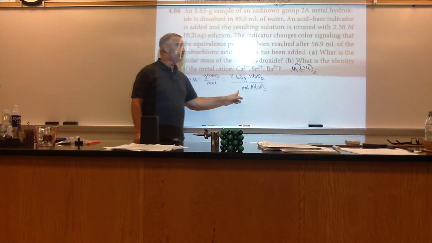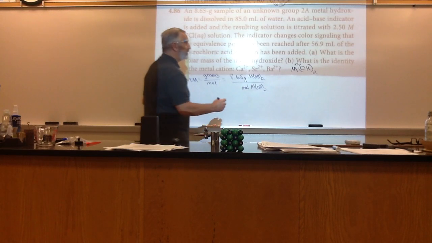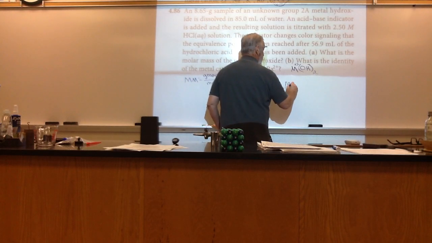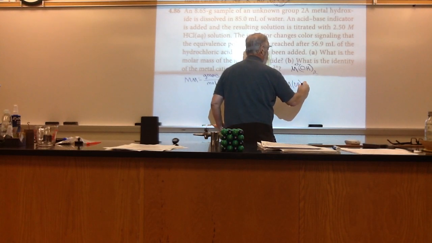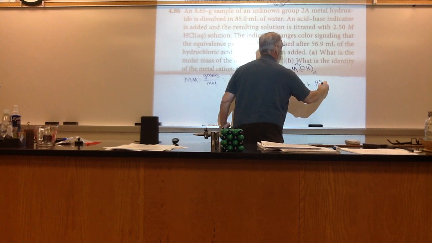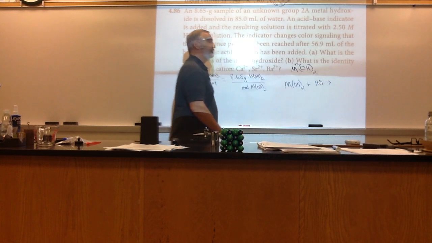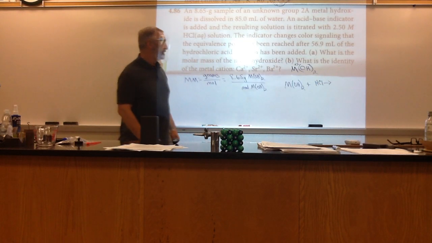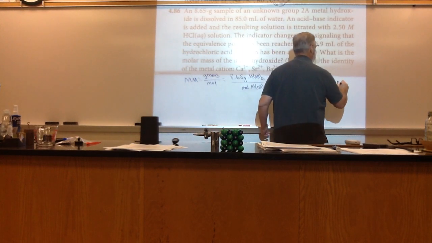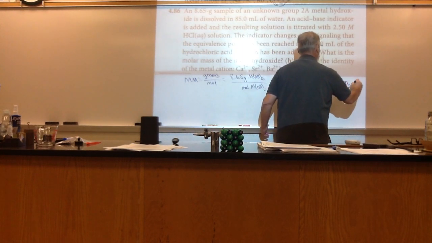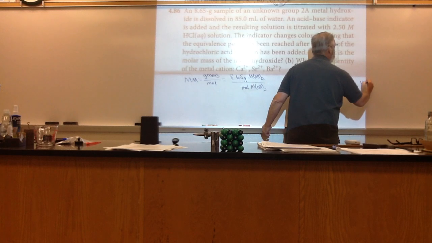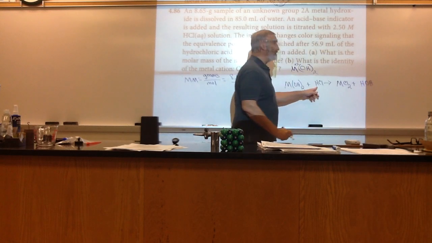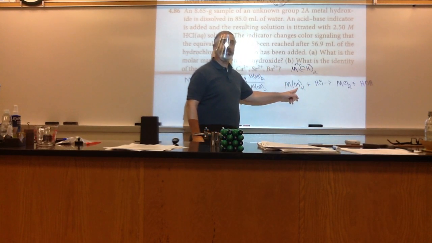Okay? So I can go to a balanced equation, MOH2 plus HCl is going to make what? MCl2 plus H2O. I always say HOH because it's the H plus from the acid combining with the OH minus from the base.